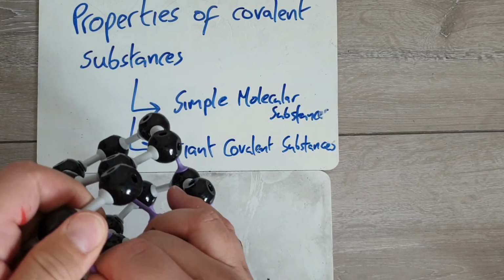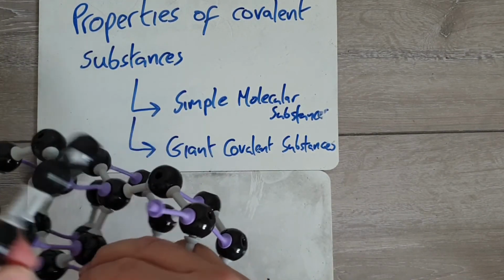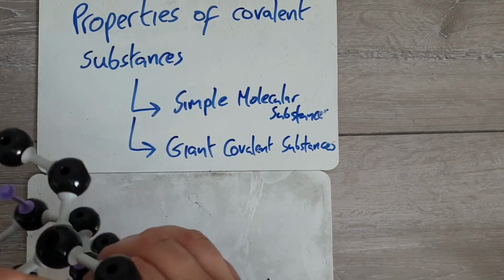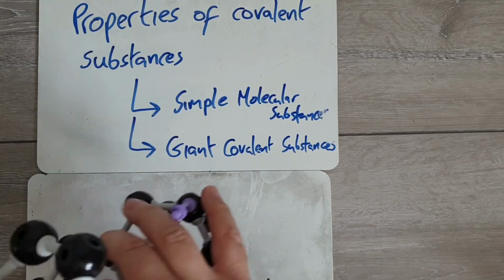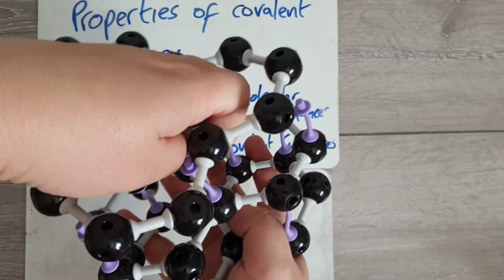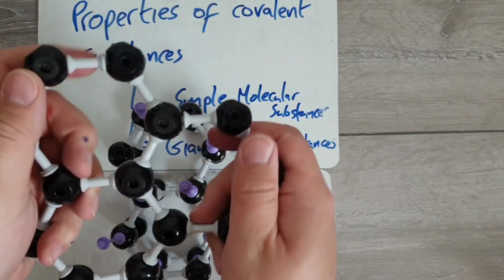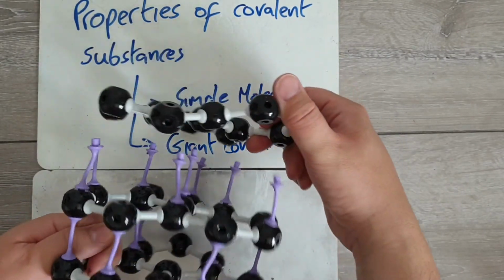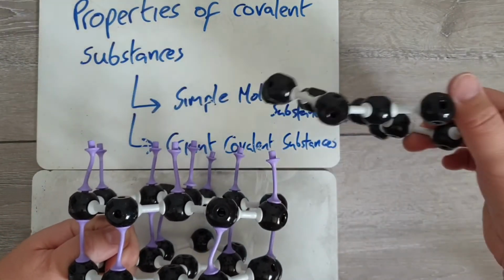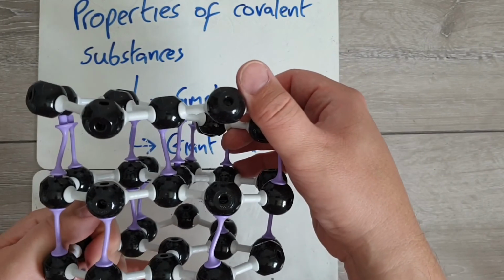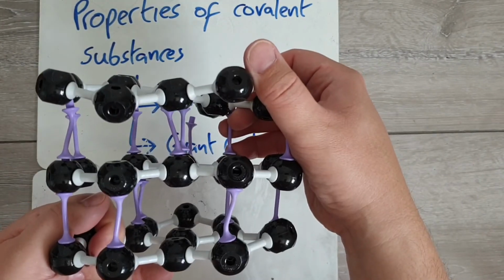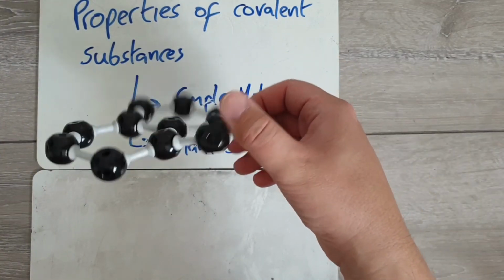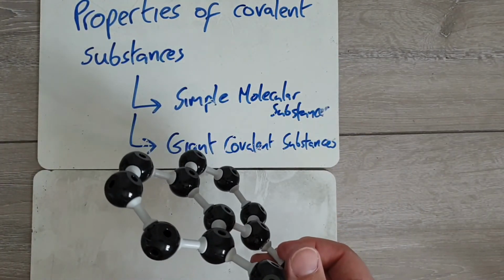So really the best model of graphite would be if I pull this layer apart, it's like the layer is a really strong bond, but the bonds between the layers are weak, and so the layers can slide over each other, which is why when you use a pencil, which is made of graphite, and you put your pencil on the paper and make a mark, you actually snap a layer off and leave the layer behind, which is what you can see on your pencil page.